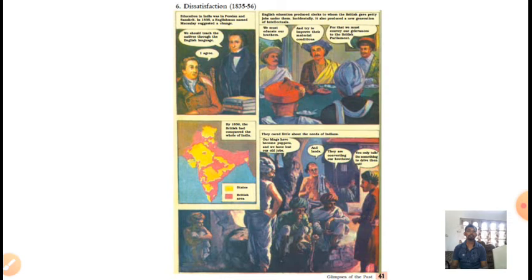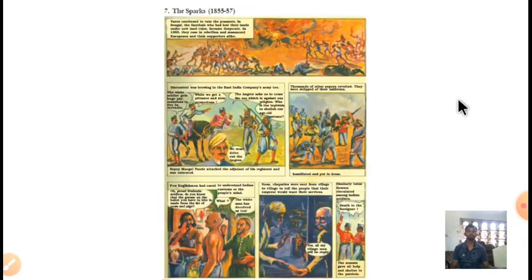That was the dissatisfaction the Indian people showed. The next point is the sparks, 1855 to 1857, known as the Revolt of 1857, when it began.